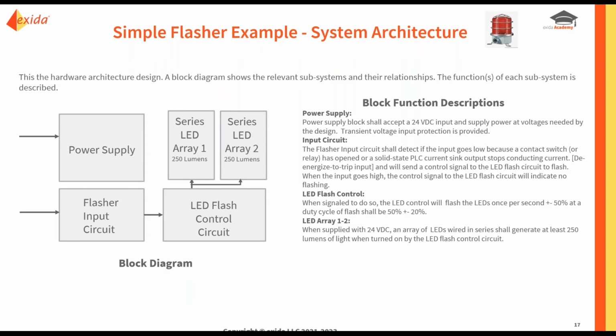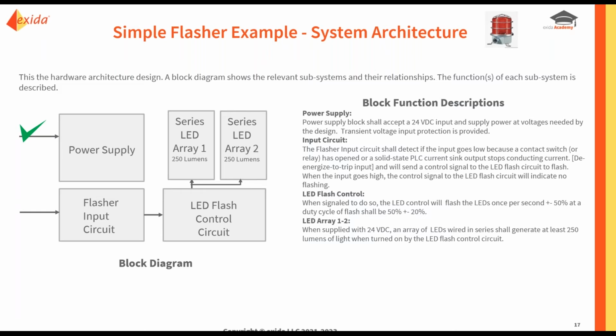We're not done because we're going to do an architecture design. So I've got to see the architecture, and here it is. I see basically 4 different types of function blocks, 5 blocks total, but the LEDs are the same, so we don't have to do the FMEA for those twice. We only need to do it once.